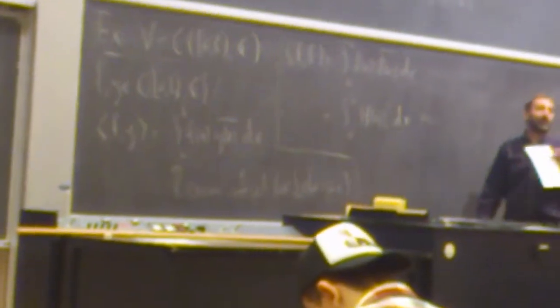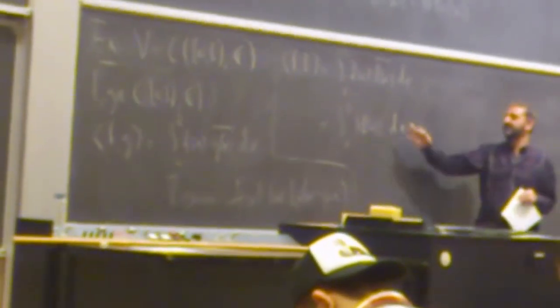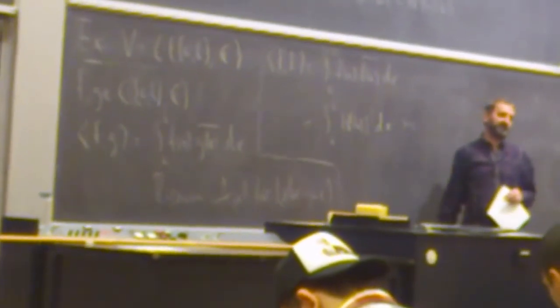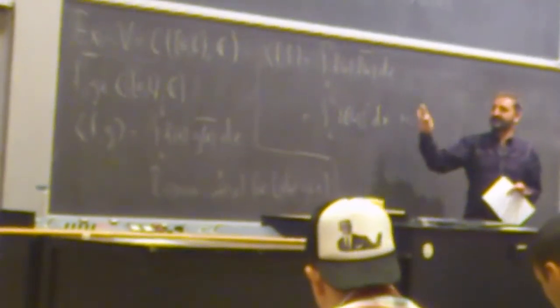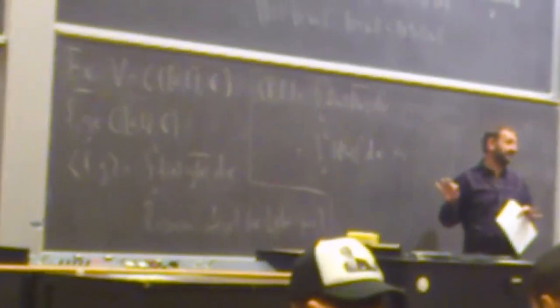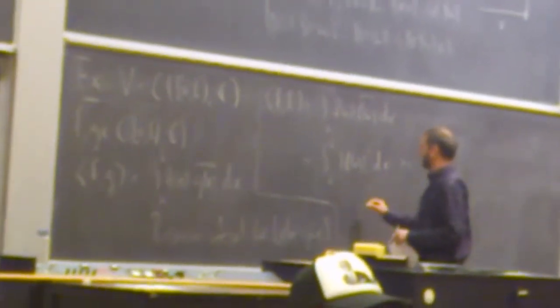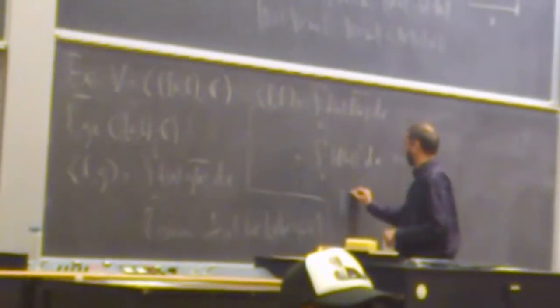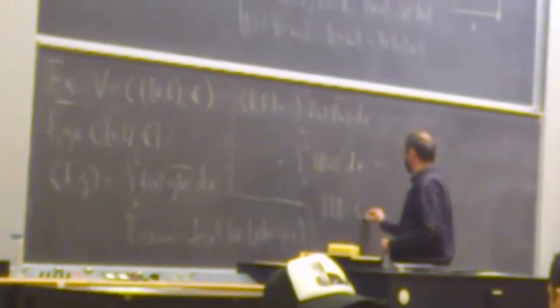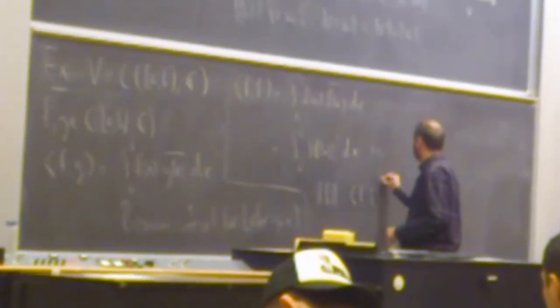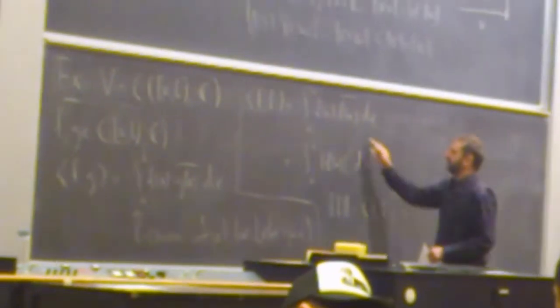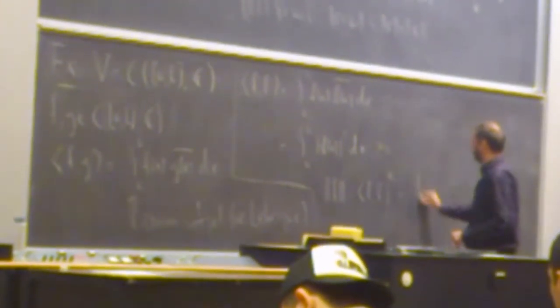One can also see, it is not quite as easy, that this is 0 only if f is 0. The whole example here is an exercise. So you will do these details in the exercise sessions. Finally, the norm of f is f inner product f to the power 1/2. So that is the square root of this expression.